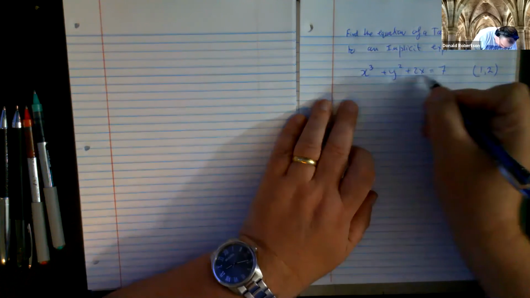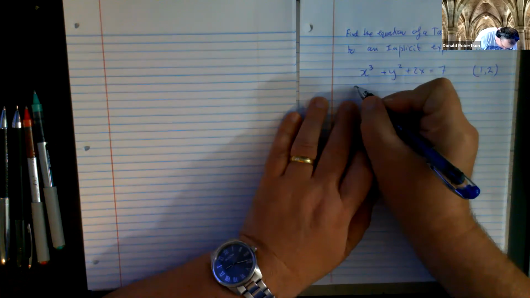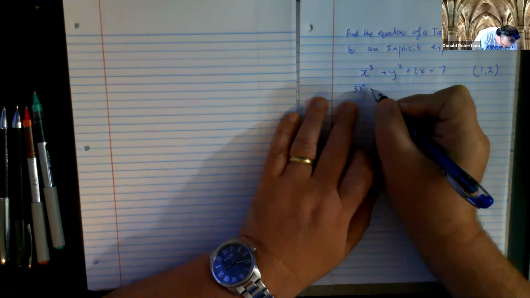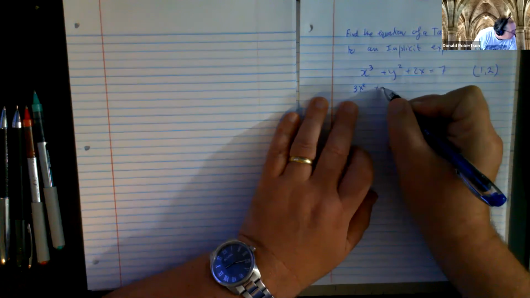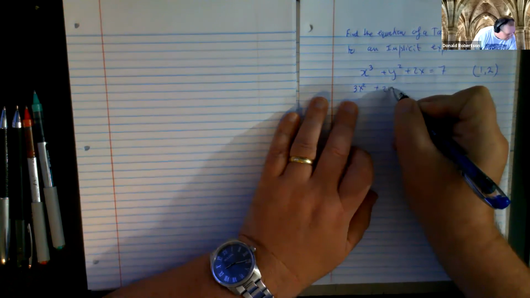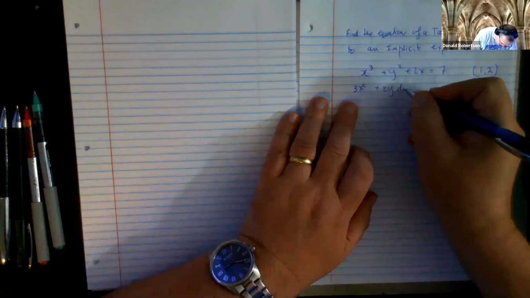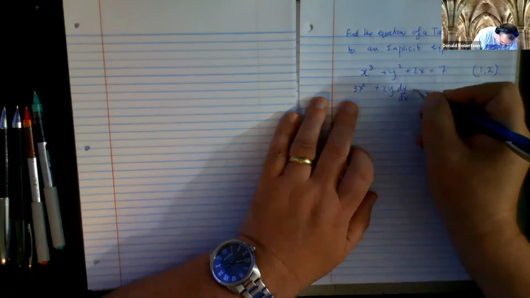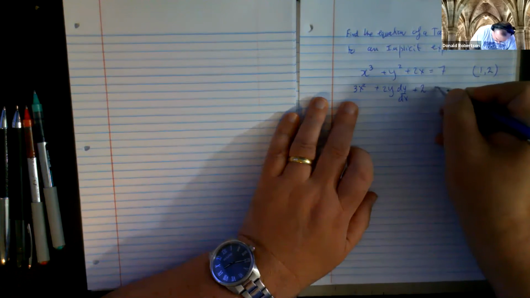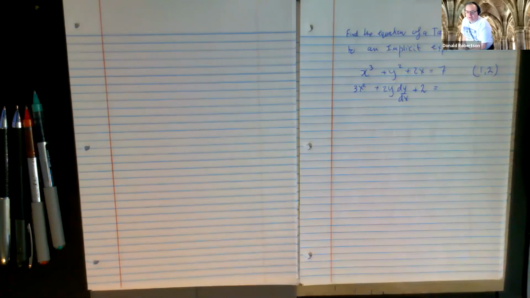So this guy here, 3x squared. This guy here, 2y dy by dx. This guy here, 2. And what's the derivative of the number 7? Yeah, nothing.